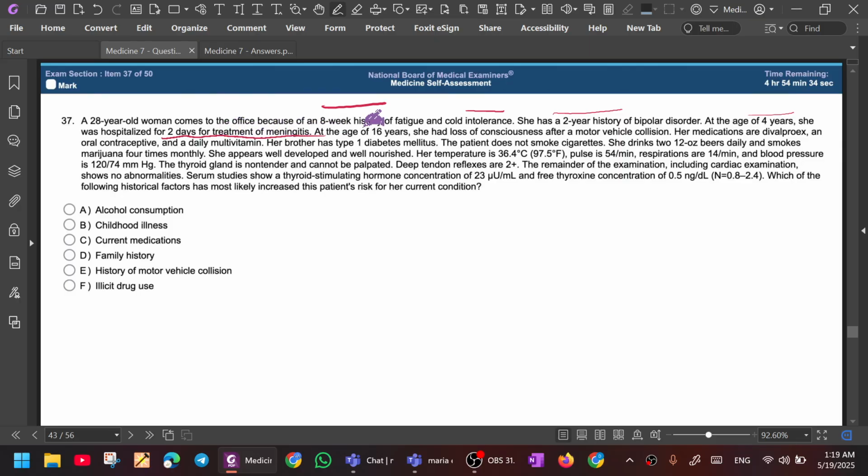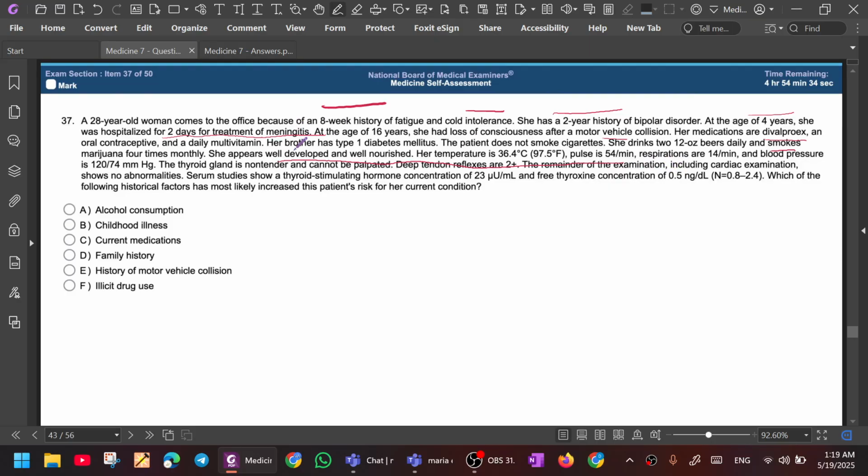Her medications are divalproex, oral OCP, and multivitamins. Her brother has type 2 diabetes. She drinks 12 ounces of beer daily and smokes marijuana 4 times. So she drinks a lot, I guess.